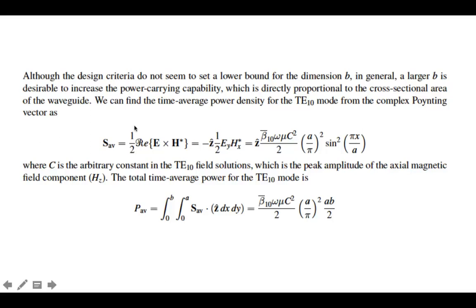So you could look at the time average power for the TE10 mode, and when you find it by substituting the Poynting vector in, because you're integrating over dx dy, you do get a term that is proportional to B. So that may or may not have some bearing on your choice for design of B. It's just a consideration. The other consideration that we're not discussing in this example problem, but one to keep in mind, is that obviously the larger the dimension B, the larger the potential conductive losses.